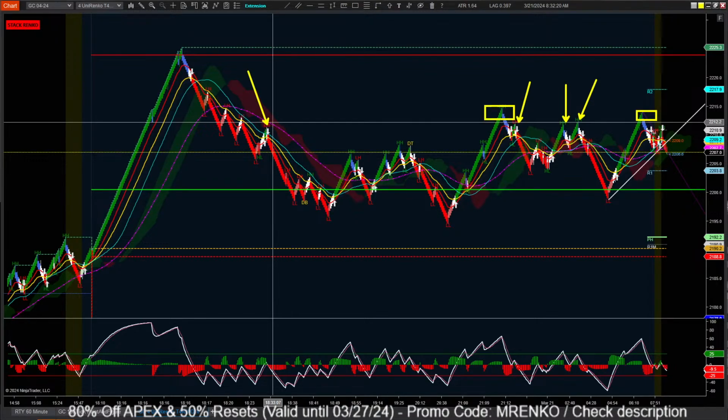So wouldn't you agree that this is a resistance area? I would. Now on the other side we do have this, that, and that. Wouldn't you agree that this would be a support area? So we have that and we have this.